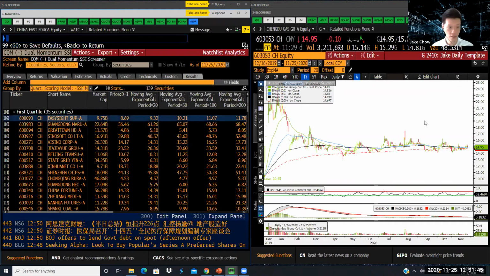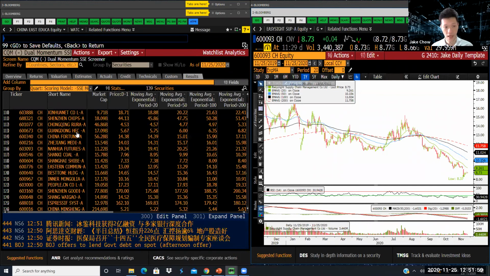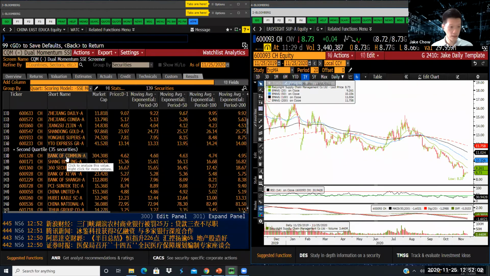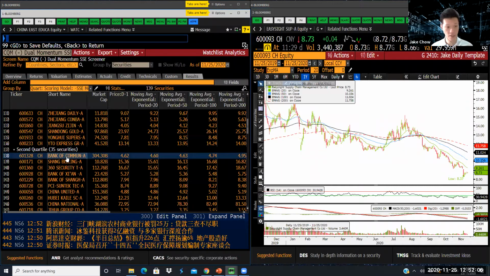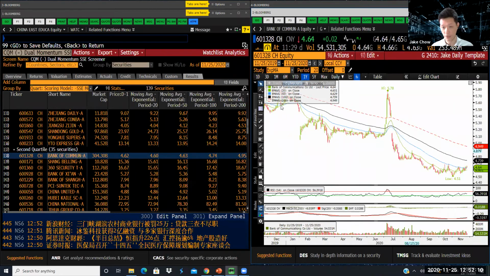The first name, let's take a look. Easy Sight. Right, so this is a name that is downtrending. Even in the last 3 months, you see it's very weak. So therefore, it's the first name in the first quartile of the negative model. As you scroll down, you find, in this case, the first ranking name in the second quartile is Bank of Communications, right?